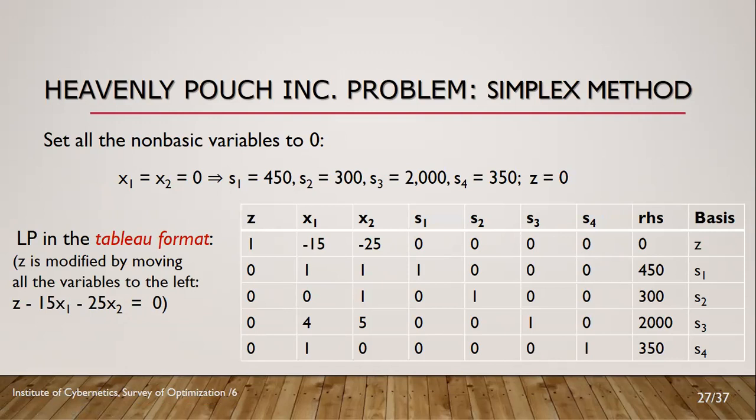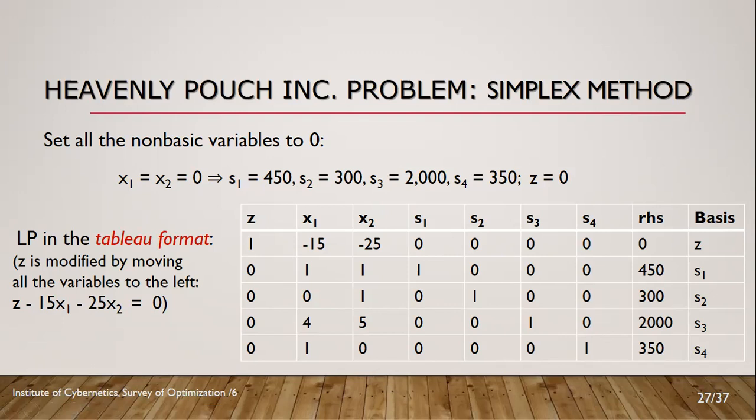Instead, we may perform the computations in the tableau format, as a table, which facilitates quicker execution of pivots by performing elementary row operations. And we will illustrate this idea using this problem. This LP corresponds to this problem.